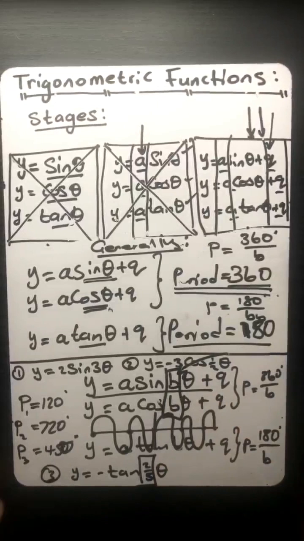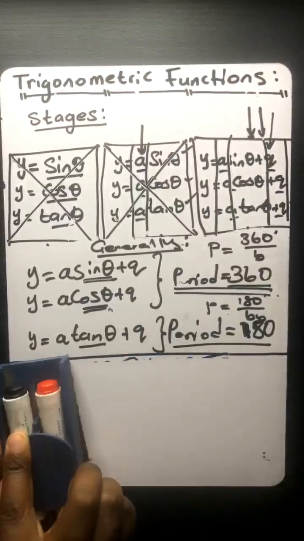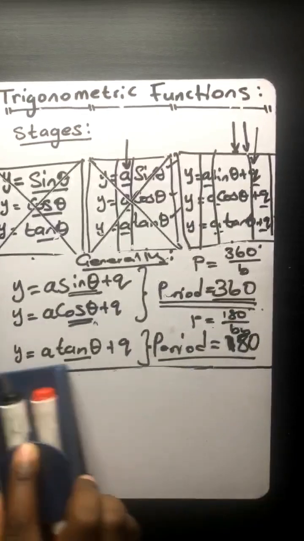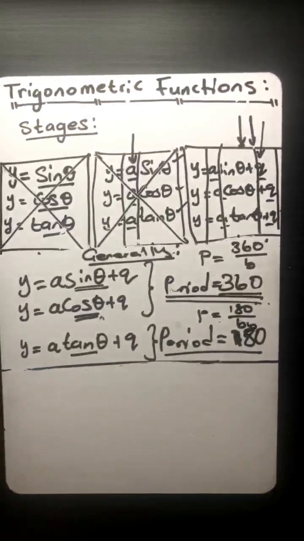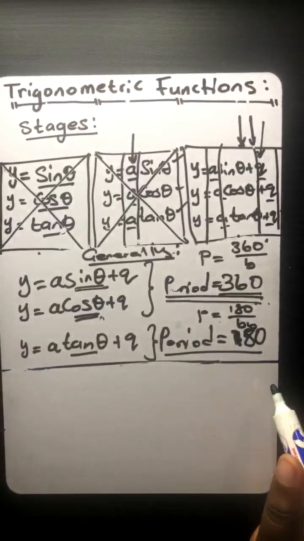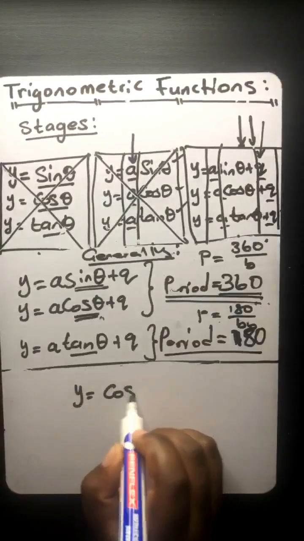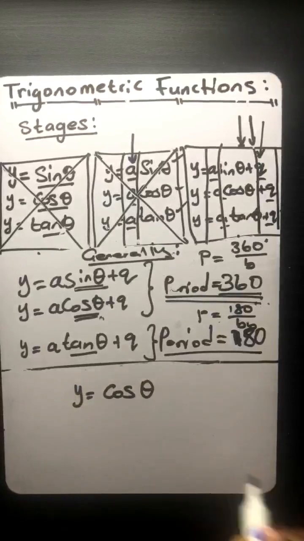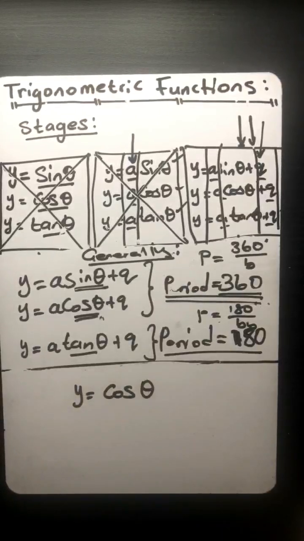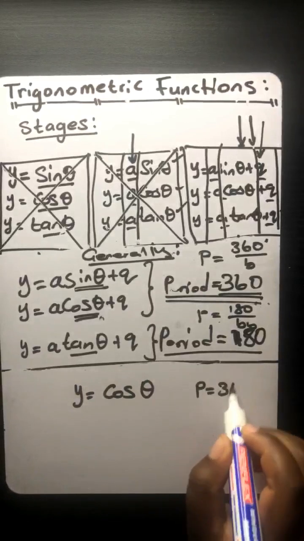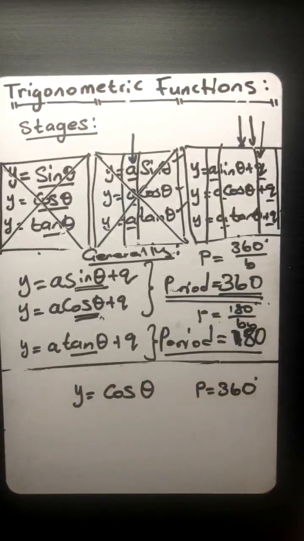So in most cases, if you find a teacher who does not fully understand this type of functions, they are going to tell you that if you are given a function similar to this one, the period for this is equal to 360 degrees.